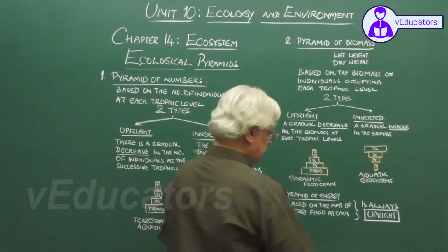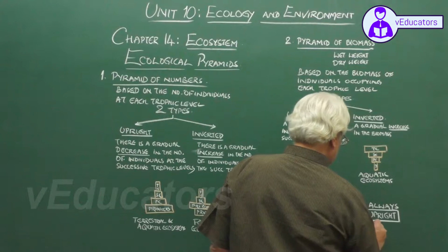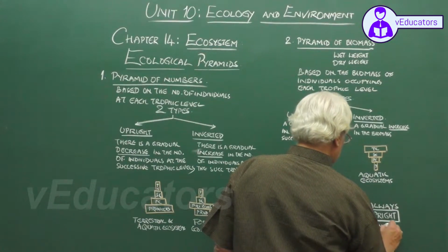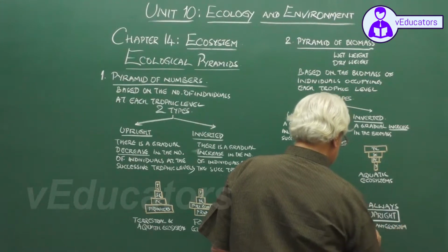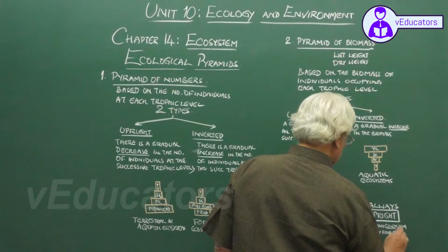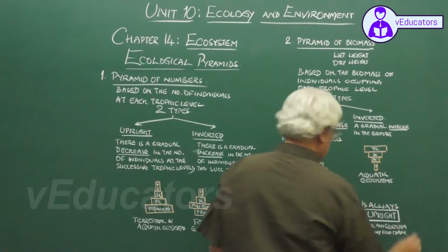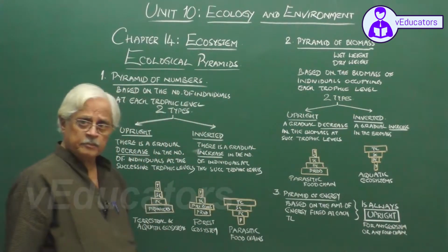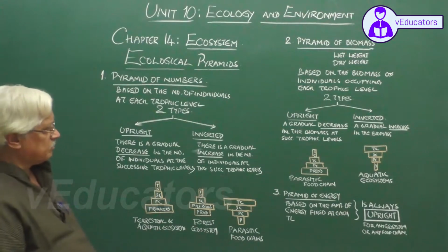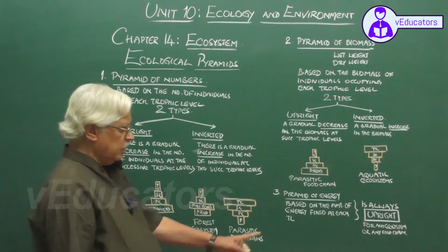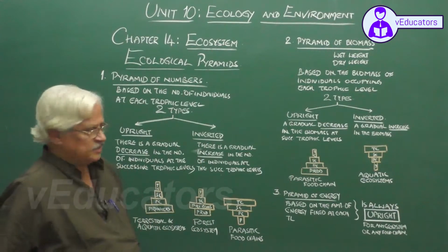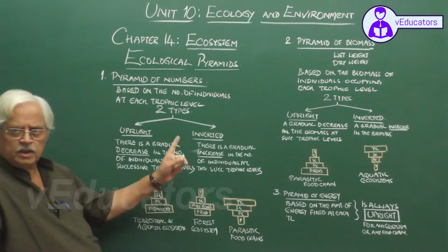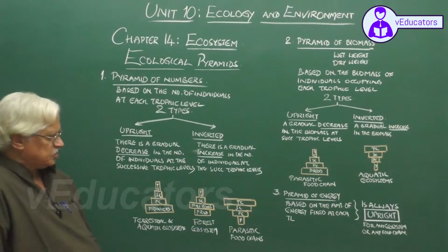So pyramid of energy is always upright for any ecosystem or for any food chain. Why? We have already discussed the idea that the amount of energy fixed at each trophic level keeps always decreasing irrespective of the number and size of the individuals.